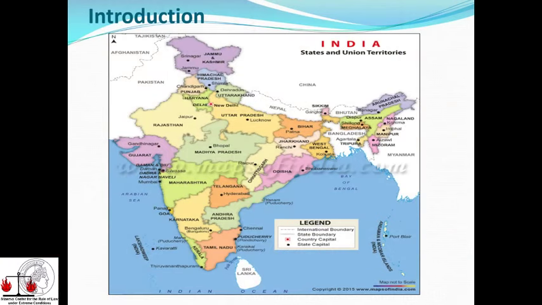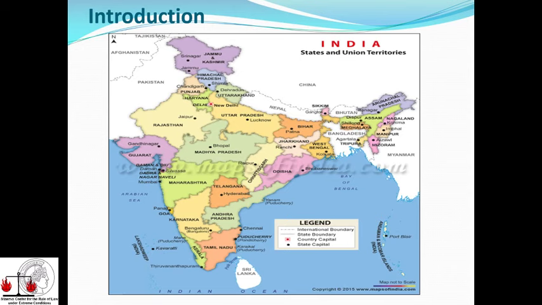In the map you can see here the states of Jammu and Kashmir and Punjab, and this is the northeastern part of India, these 7 states, and this is the east central part of India where the extremism is affecting around 20 states of India's federal structure.